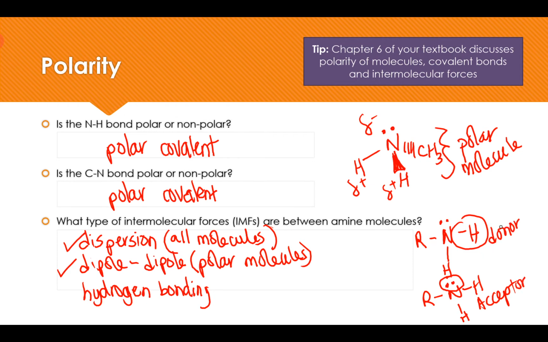And so since we do have a hydrogen bonded to a nitrogen and a lone pair on a nitrogen, we can have hydrogen bonding, but we lose that ability if we have a tertiary amine because we would lose out on the donor. And so it's going to be primary and secondary amines only.